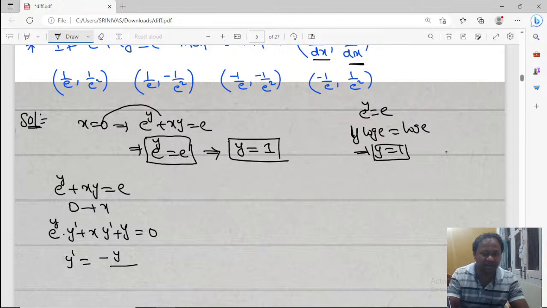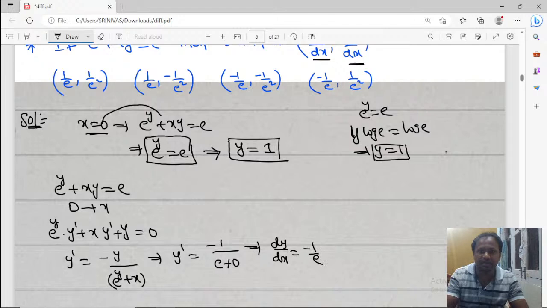Minus y divided by e power y plus x. That implies y dash is equal to minus 1 by e power y, which is nothing but e, plus x, which is nothing but 0. So dy by dx is equal to minus 1 by e.